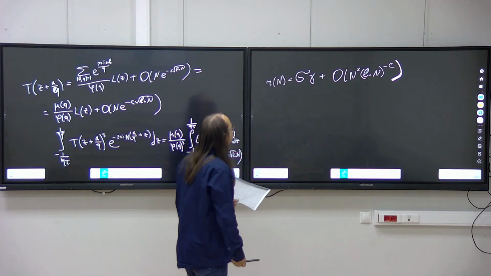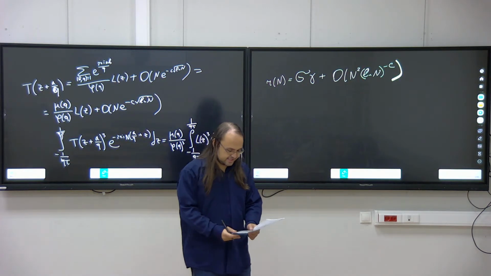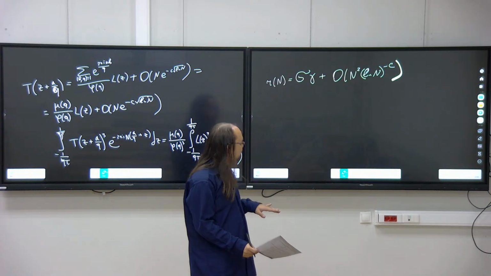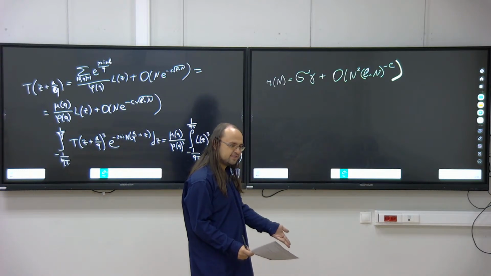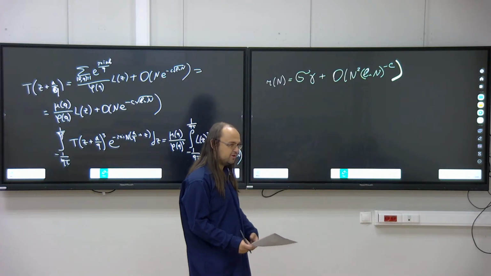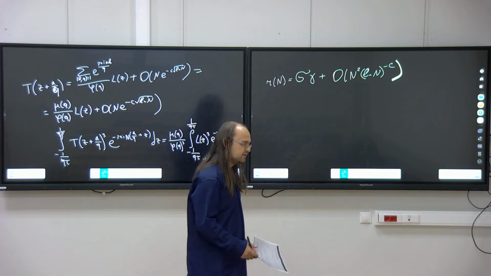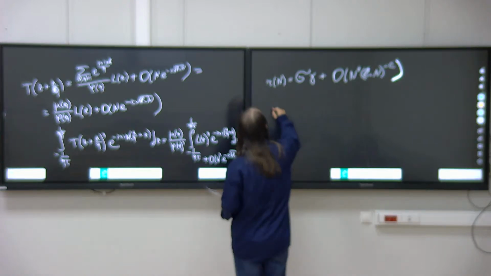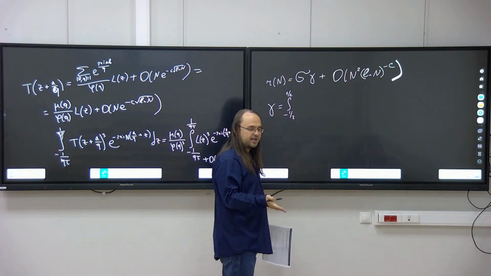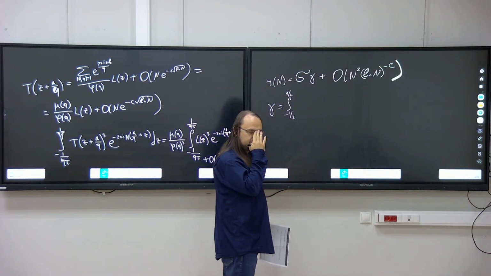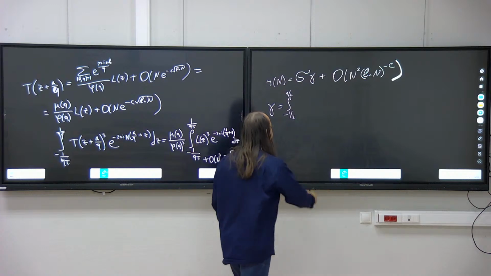And what is sigma and what is gamma? Sigma is what is called the singular series, and gamma is what is called the singular integral. The singular integral gamma is kind of an Archimedean contribution to your sum.